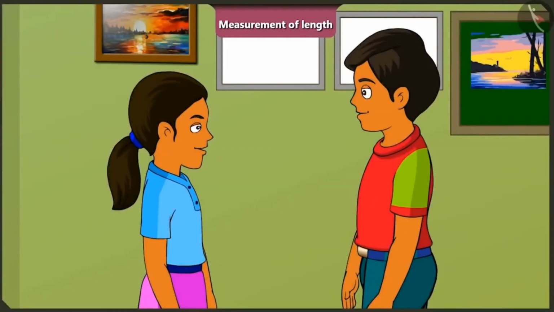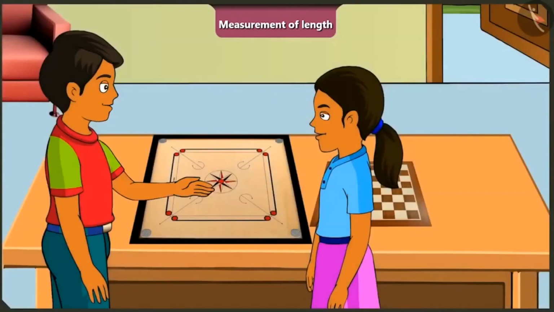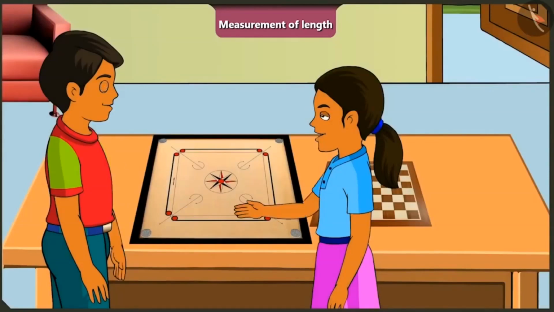Absolutely correct. Come on, I will give you a few more objects to measure the lengths of. Okay, Chintu. Mintu, how will you measure the length of this carom board? I can easily measure the length of this carom board with my hands, right, Chintu?